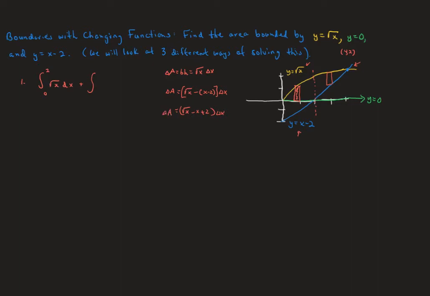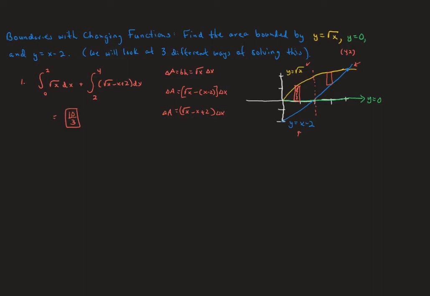And again, we would sum up a bunch of them. As the delta x goes to 0, we're going to get an integral, and that's going to be the square root of x minus x plus 2, and the delta x will become a dx. We can see from our discussion earlier, the limits of our integral are going to be from x equals 2 on the left to x equals 4 on the right. And I believe if you do that, we're going to get that that's going to be 10/3. Okay, so there's the first way of conceptualizing that.